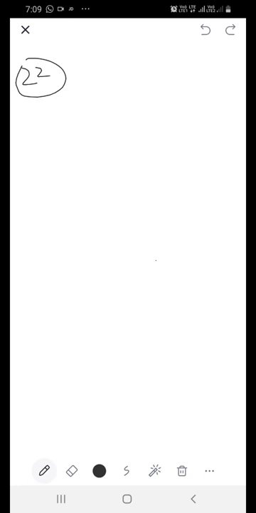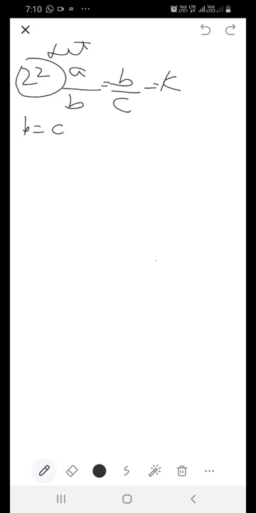So I will write A upon B is equal to B upon C. You can also do it by B square is equal to AC, but I am doing it by the K method. For that you will write A upon B is equal to B upon C is equal to K. So from here B will become CK and A will become BK.